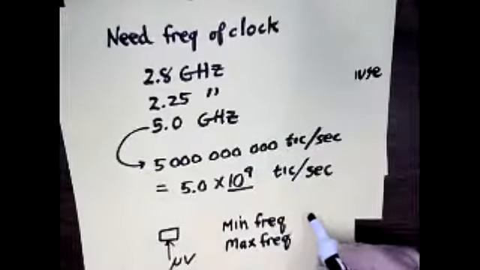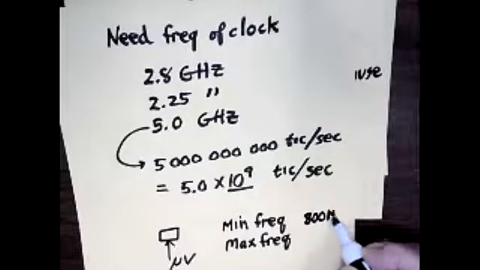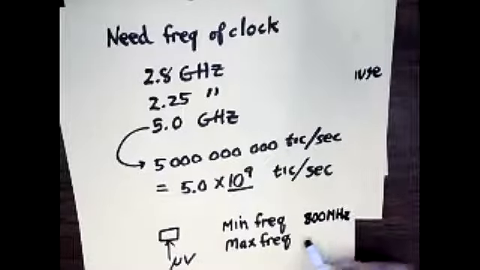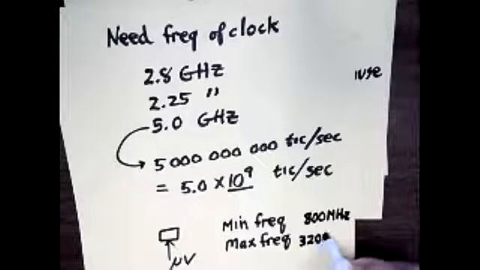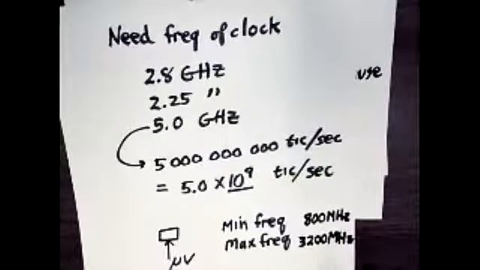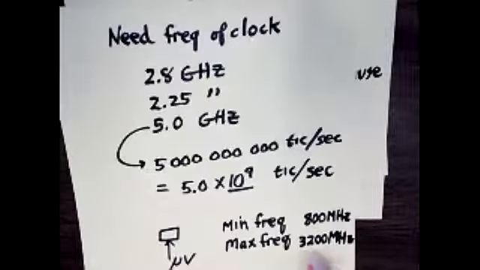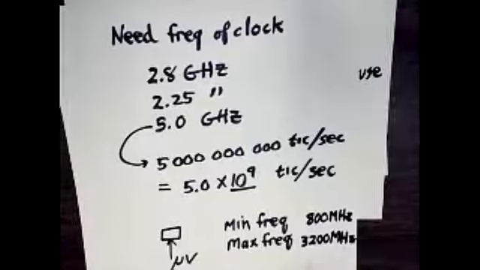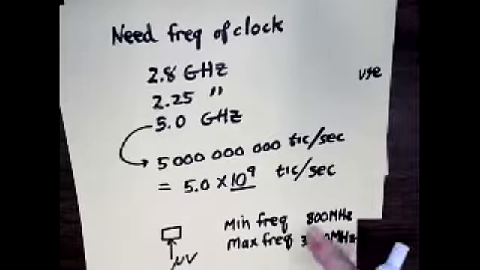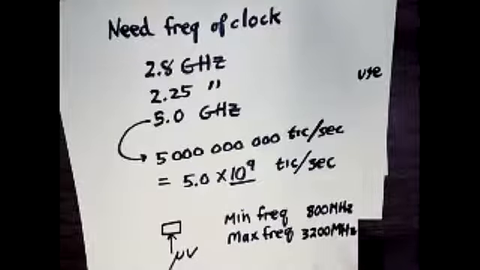So I checked my own machine. It was 800 megahertz at the min, and 32 megahertz at the max side. So when it's actually doing work, it will raise its frequency to its max. And when you walk away and it's idle, it will lower its frequency to its minimum, 800 megahertz in my case.